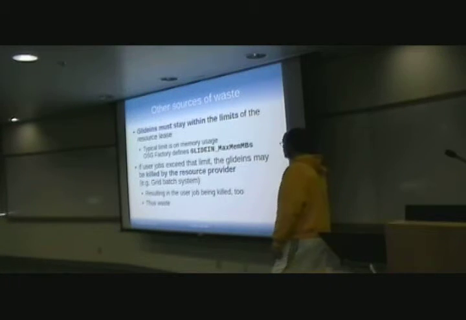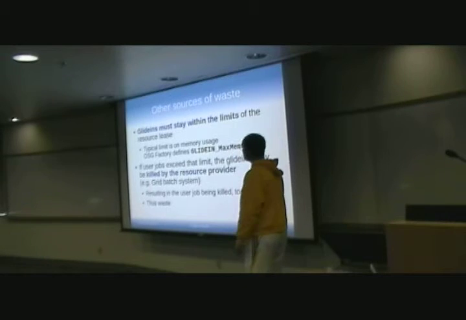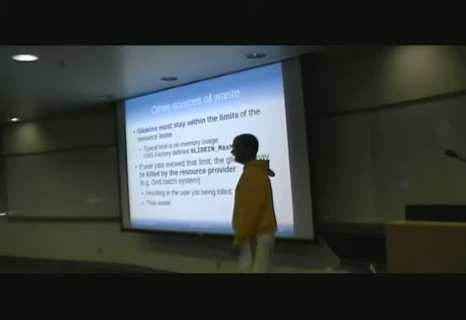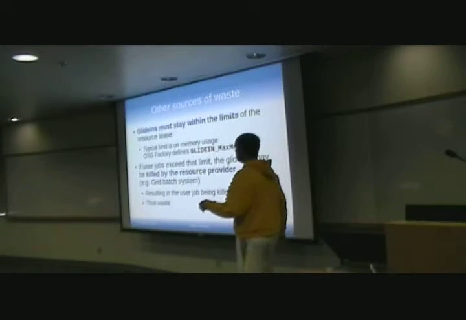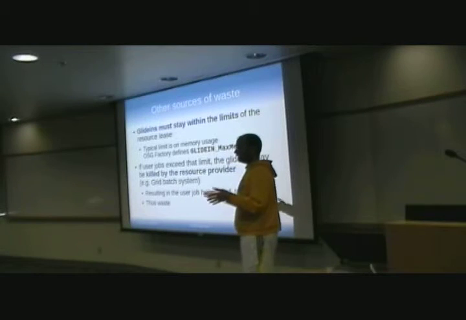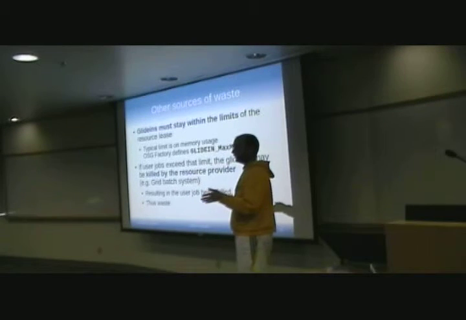So what else could go wrong? Well, glideins must stay within the limits of the resource, one of which is time, right? If I stay longer than what the site tells me I can stay, then I'm pretty much guaranteed that I will be killed. But another thing that is often limited is the amount of memory you can use.